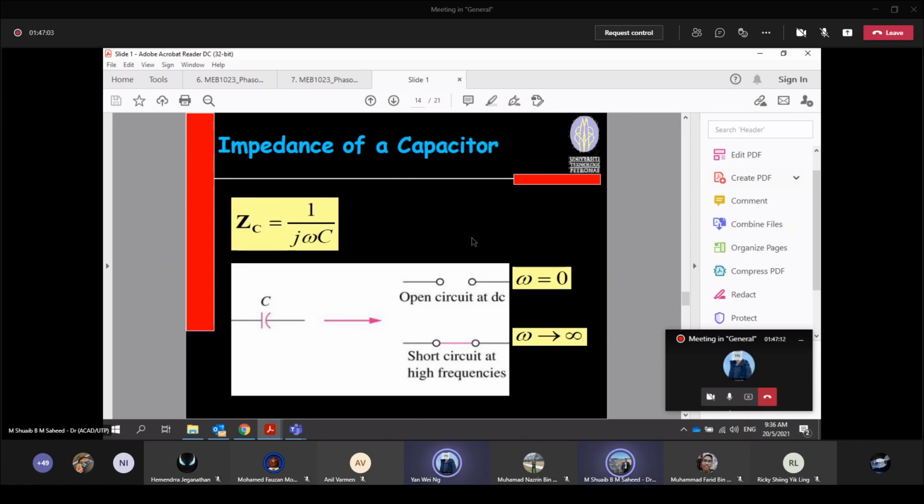Because the symbol for the capacitor is the curved one in this case. Yeah, it doesn't matter. Because now we are dependent on the frequency, the angular frequency. The angular frequency is the one that gives rise to the reactance.